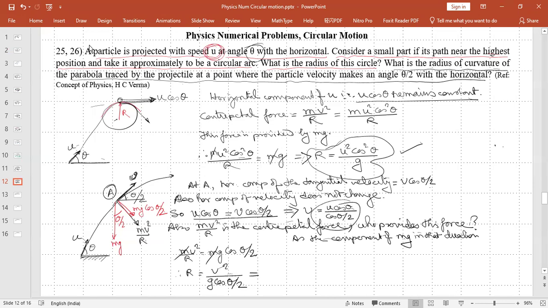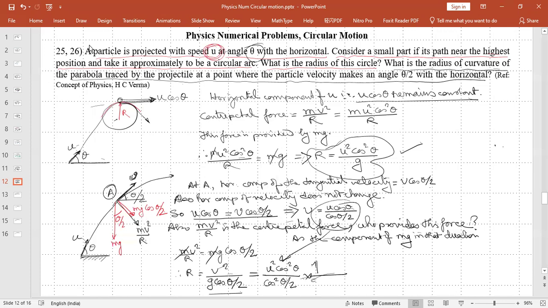Now we bring the value of v square here. So it will be equal to u square cos square theta divided by cos square theta by 2, multiplied by 1 by g cos theta by 2.